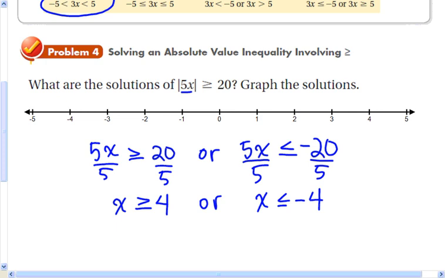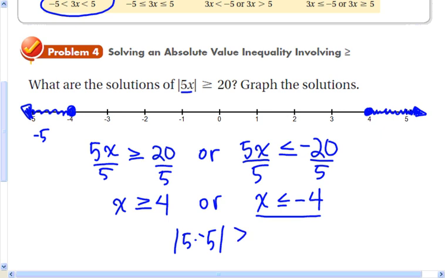So if I graph those, x is greater than or equal to 4. That means numbers like 5, 6, 7, and so on. And if I graph x is less than or equal to negative 4, that would be numbers out here. Now, if you think about those numbers, like negative 5 out here, if I put negative 5 into my original inequality, so in other words, if I do 5 times negative 5, the absolute value has to be greater than or equal to 20.